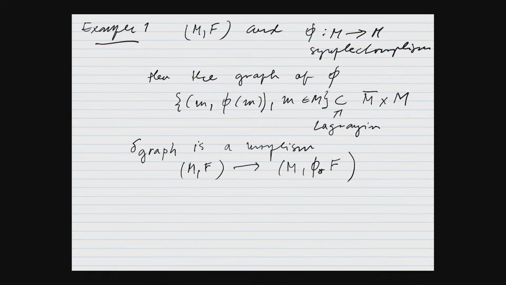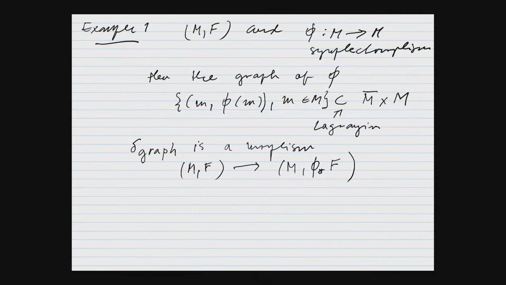Now an example, of course. Obviously, you would like to have an ordinary symplectomorphism to be a morphism in this sense, in this odd symplectic category. And it is an example because, what is your correspondence? What is the Lagrangian subspace here which you consider? In this case, you just simply take the graph of your symplectomorphism. So this is obviously a Lagrangian submanifold. And now I need my half density.